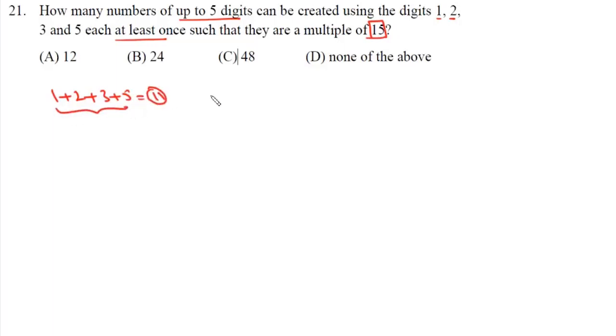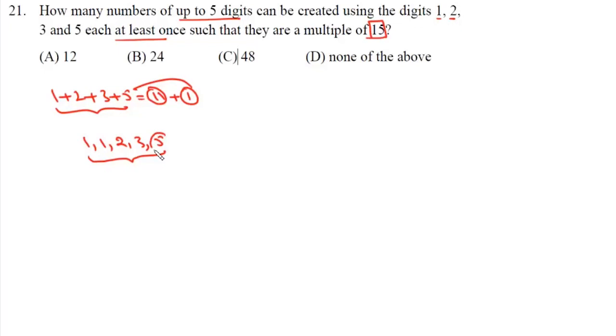Now since this sum is not divisible by 3, we cannot have a 4-digit number. So it has to be a 5-digit number. That means we have to add 1 digit to make it a multiple of 3. Now out of these 1, 2, 3 and 5, it is possible if and only if we add 1 to it. So the number must be formed with 1, 1, 2, 3 and 5. Only then it will be divisible by 3. Now it should also be divisible by 5.